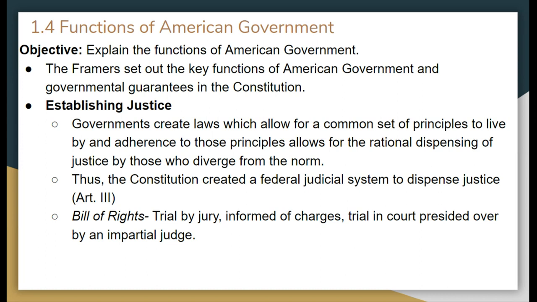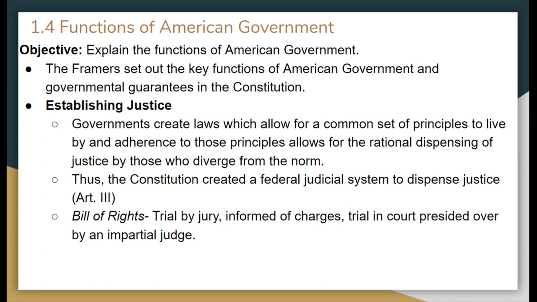In other words, governments create laws based on principles that most agree to. The ability to adhere to those allows for justice to be carried out on those who can't meet the demands of society.